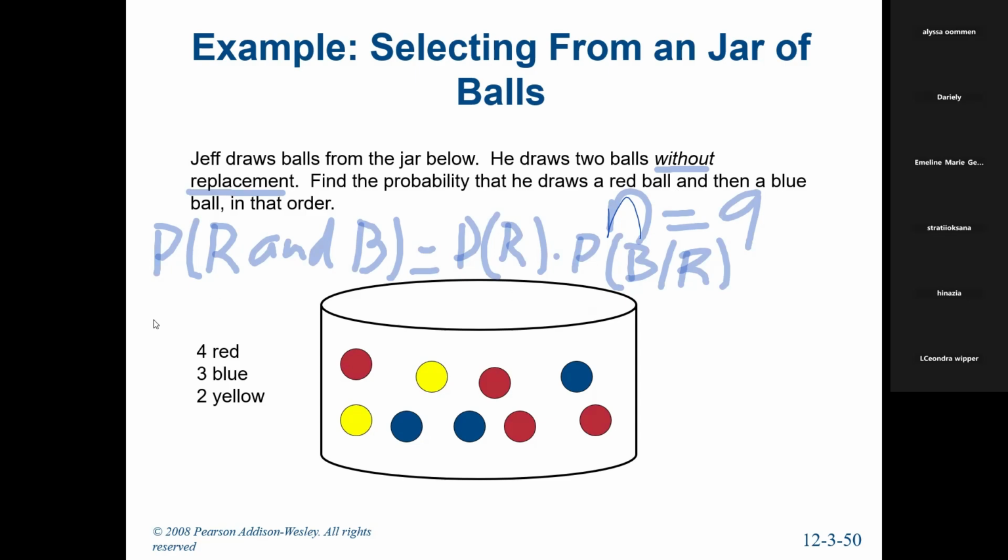So very simple here. What we're going to do here, how many red balls do you have? 4, 4 over what? 9. This is the red ball, right? Times the second ball is a blue ball.